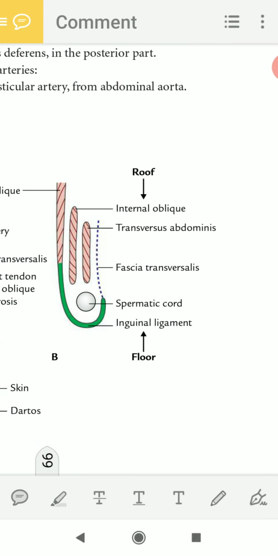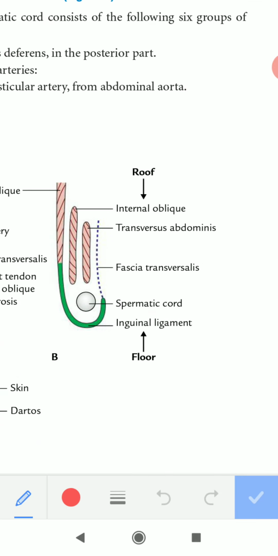This figure will be better. The roof is formed by two muscles, the arched fibers of the internal oblique and transversus abdominis. And the floor is formed by the thickened portion of the external oblique aponeurosis, that is the inguinal ligament.